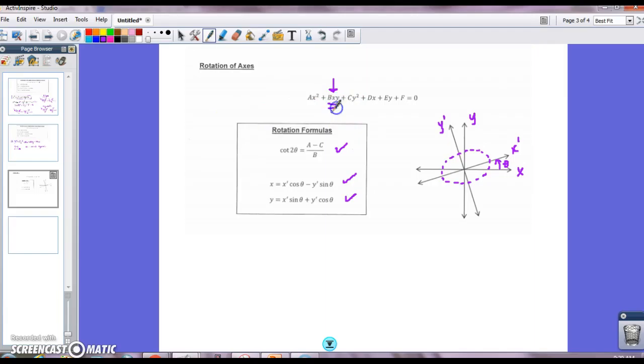If you see this in your equation, that is telling you that the axes have been rotated. So that's how you know, without having a picture, just by looking at an equation, if your conic section has been rotated. And what we're going to do is use these equations to transform our equation into a standard equation that we're more familiar with.